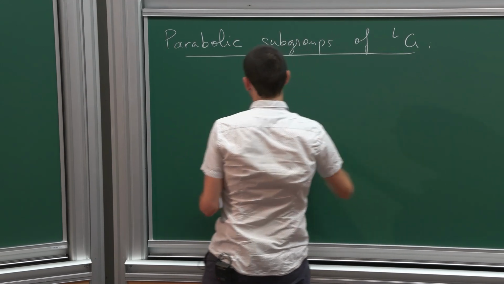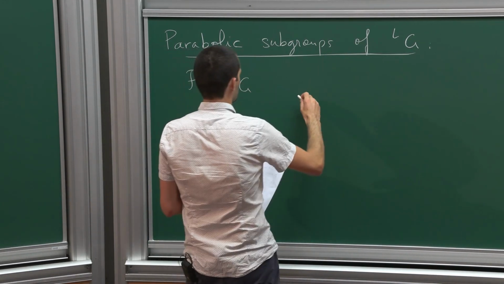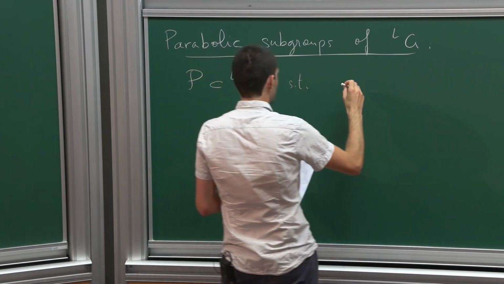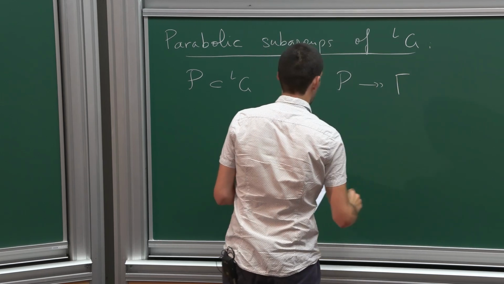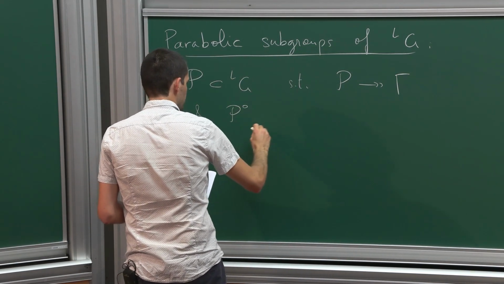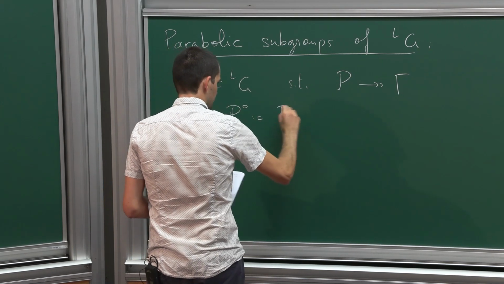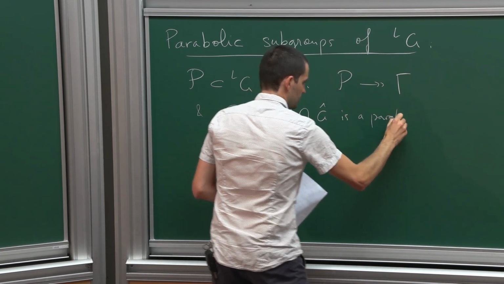So it's just a subgroup P such that P surjects onto gamma, and P0, which is defined as the intersection with G hat, is a parabolic subgroup.